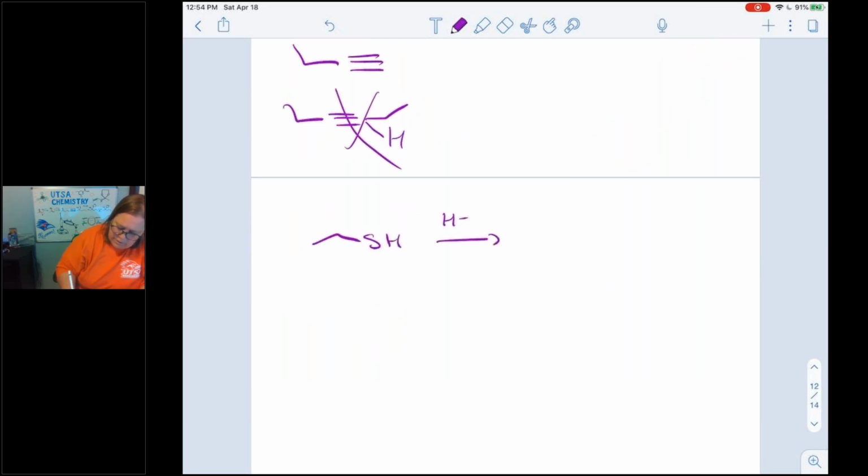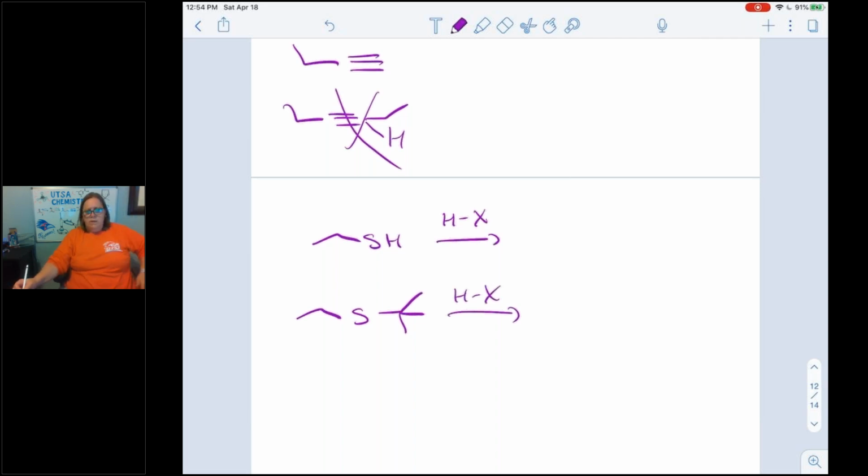This would be the exact same as if that sulfur was an oxygen. Same thing here. So it would be the same types of reactions as if sulfur was an oxygen. Sulfur is just underneath oxygen on the periodic table of elements.